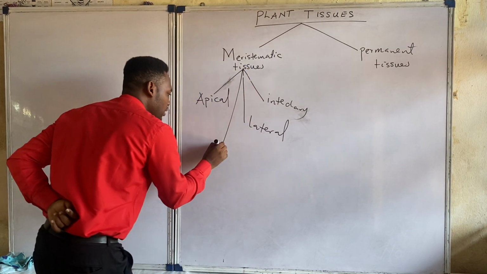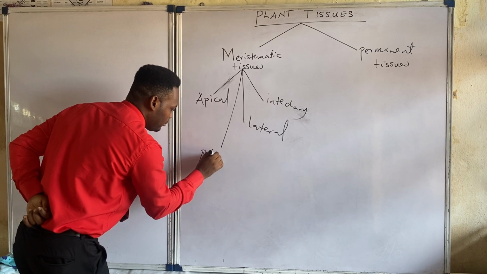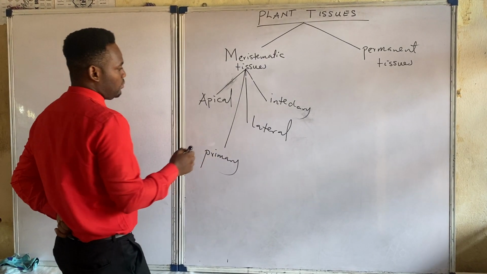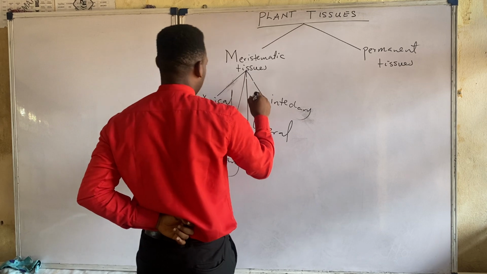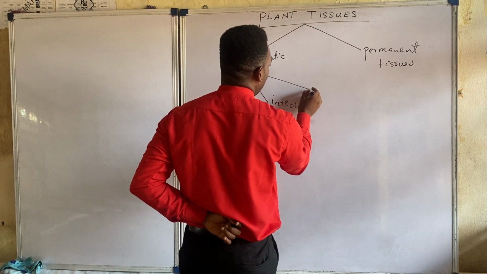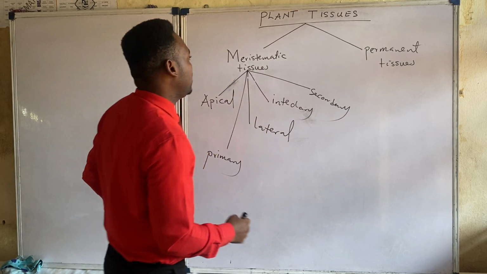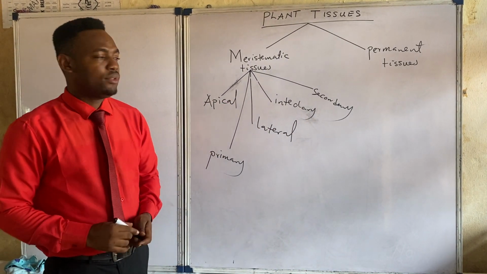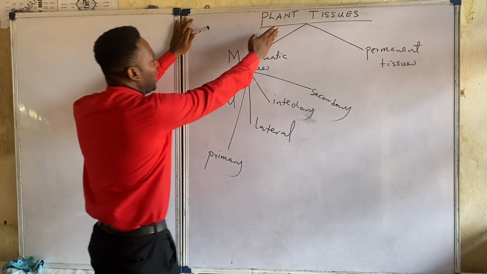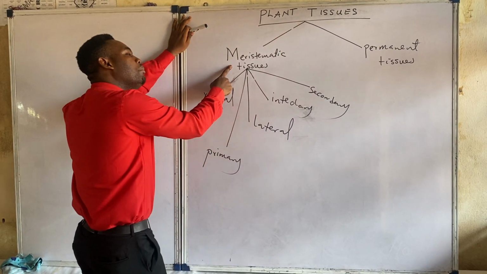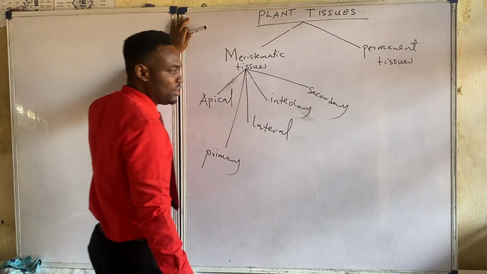Then we have the primary, and we'll have the secondary meristematic tissues. Look at my flow chart. From plant tissues, we have meristematic and permanent tissues.